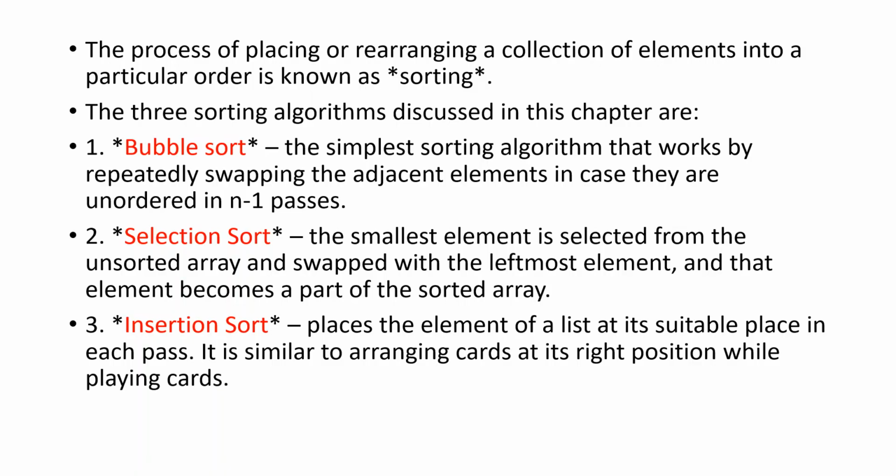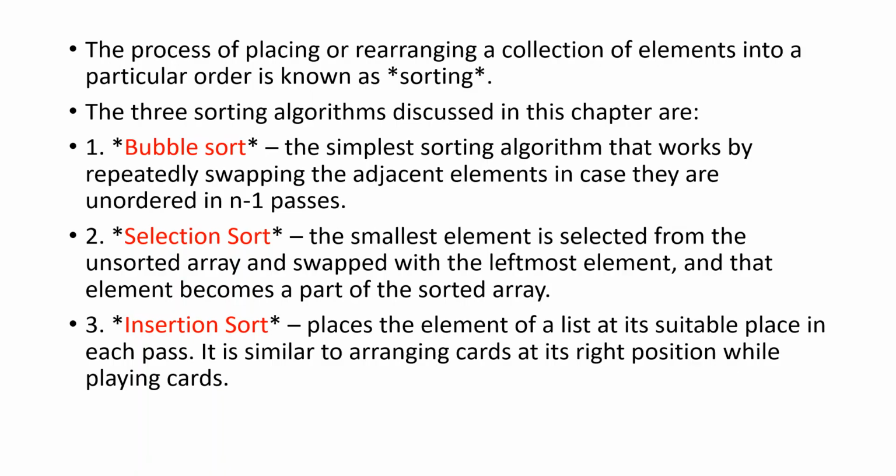Apart from this, you should also know the basic principle of the bubble sort, selection sort, and the insertion sort. In bubble sort, which element is first arranged and what is the position of that element? Please concentrate on this also.